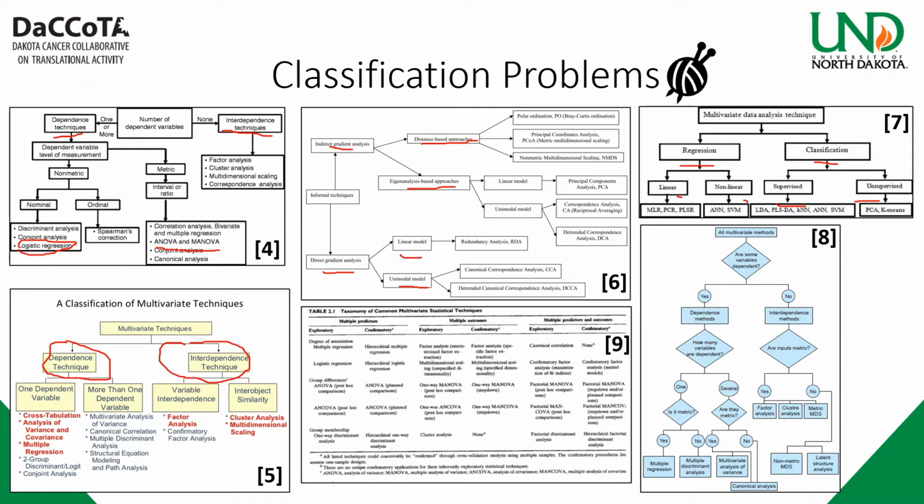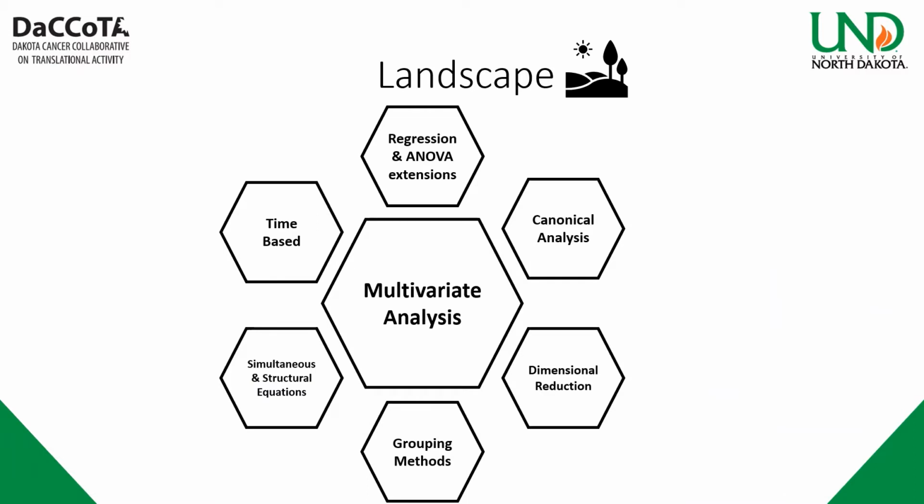So instead, we'll be taking a slightly different approach to classification. This is our classification landscape that I've come up with. I've divided these things into 6 different groups: regression and ANOVA extensions, which seem a generally cohesive group; canonical analysis; dimensional reduction; what I'm calling grouping methods; then simultaneous and structural equations; and finally time-based methods.